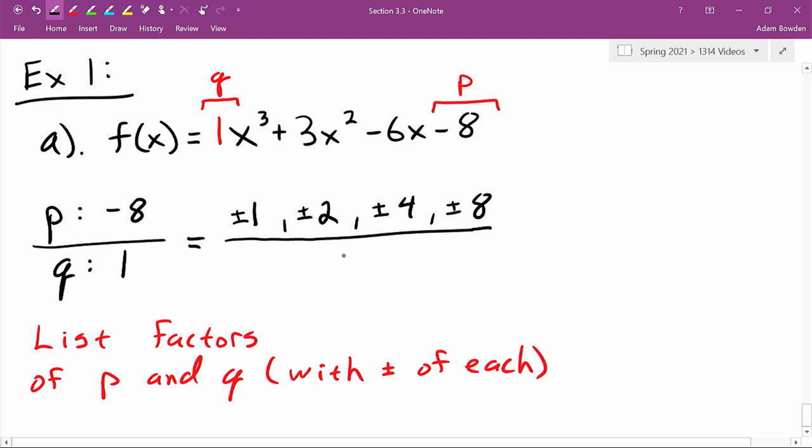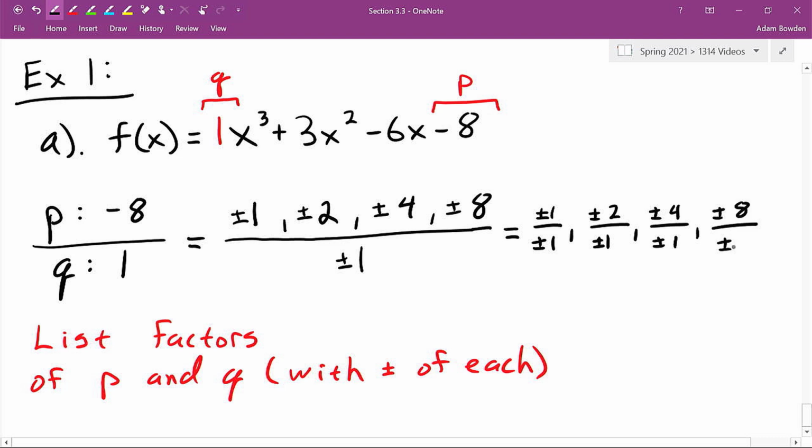And for 1, well, there's only plus or minus 1. So what we have to do is break this down into 1 over 1. We have to list out each number on top divided by the 1 underneath. So 2 over 1, plus or minus 4 over plus or minus 1, plus or minus 8 over plus or minus 1.